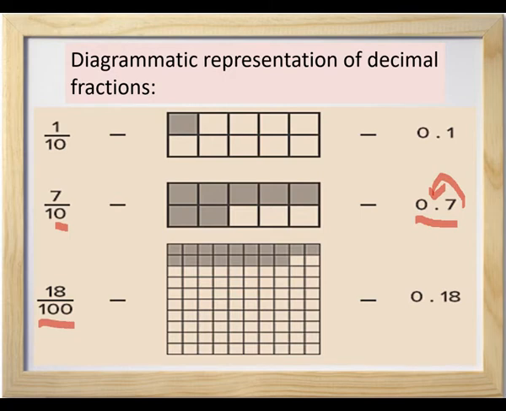So we will shift the decimal point from the right 2 places towards the left. Understood, children? So the decimal number is given by 0.18. Did you all understand, children?